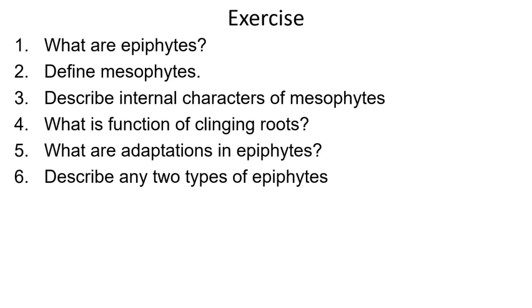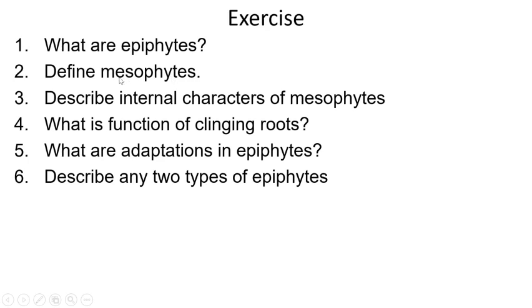And last, some exercises are there. Assignments, you have to solve all these questions. First question is, what are epiphytes? Epiphytes are defined as the plants which grow on the branches of tall trees. Define mesophytes: the plants which grow in mesic habitat.